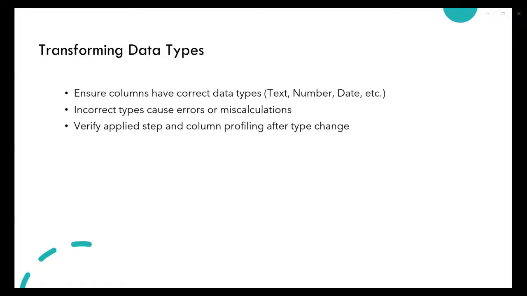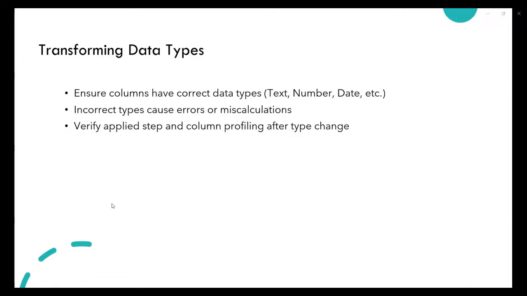One of the most common and important steps in cleaning data is making sure that every column has the correct data type. For example, a sales amount column should be a number, a date of purchase should be a date, and a customer name should be text. Power BI uses these data types to perform calculations, build relationships, and generate visuals accurately.